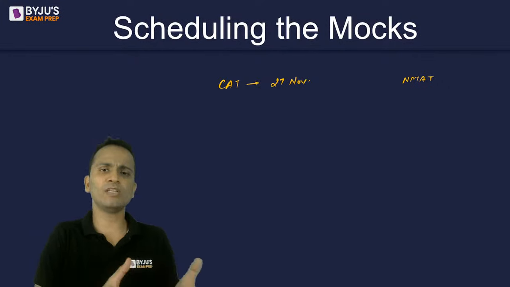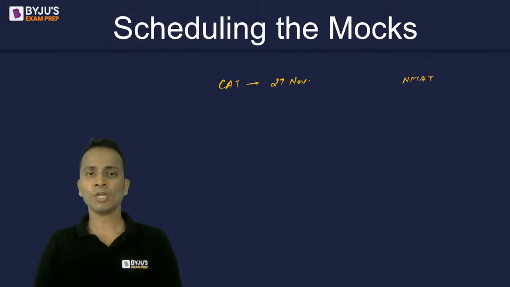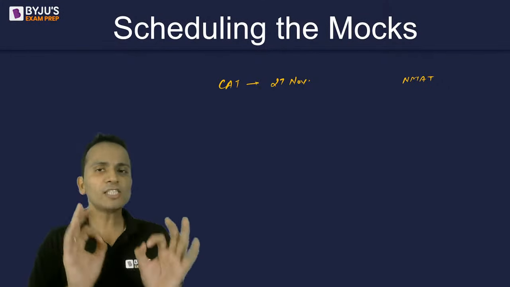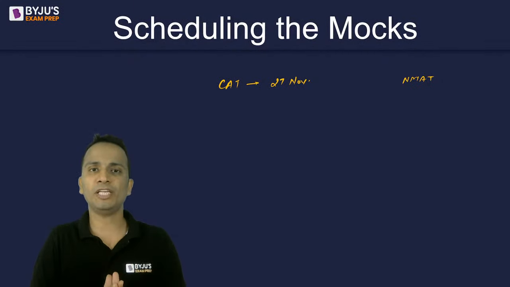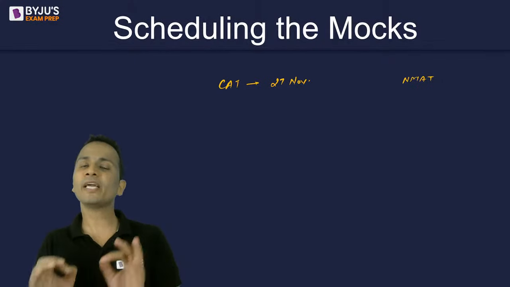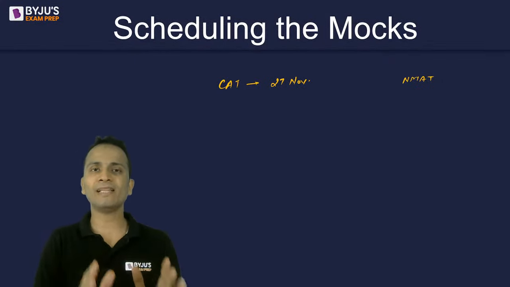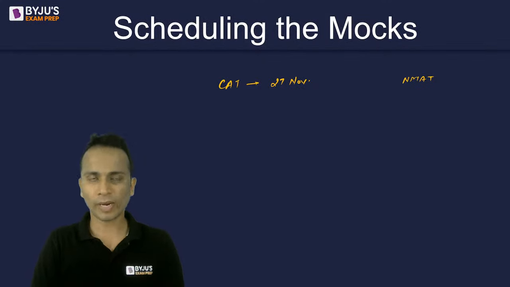Same thing with the verbal RC section. To understand the pattern and the level of difficulty of this examination, you can take one or two mocks in the month of September.